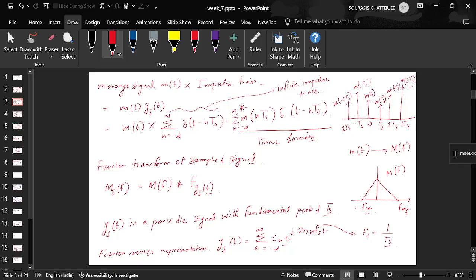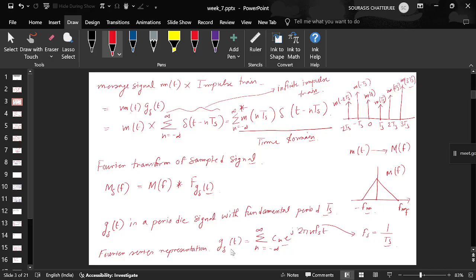Now back to the impulse train: it is periodic before multiplying with the original message signal, with fundamental period Ts, so we can have a Fourier series representation which expresses this infinite impulse train as a sum of discrete spectral components with corresponding amplitudes Cn, where Cn corresponds to the strength of the signal at the frequency component n times the sampling frequency, right?